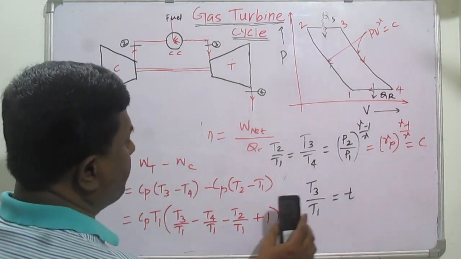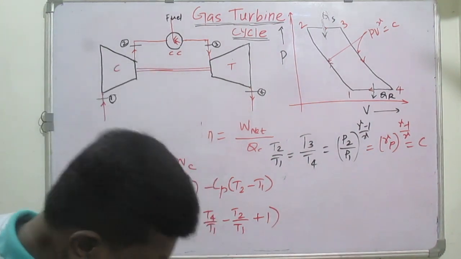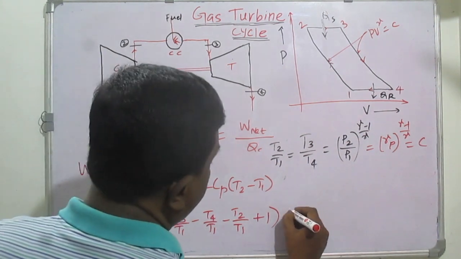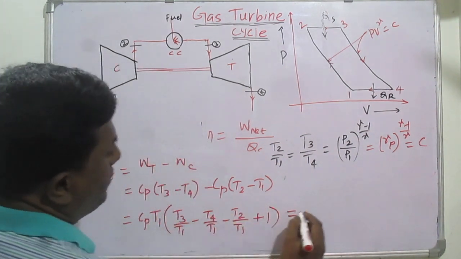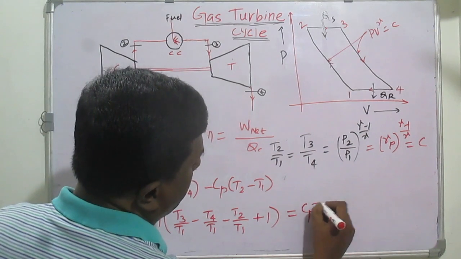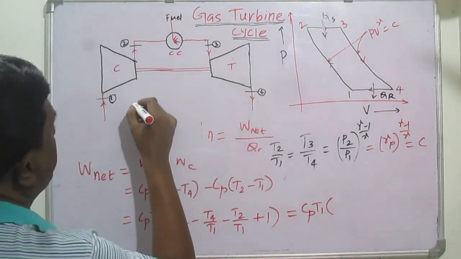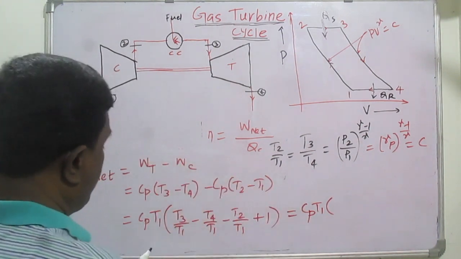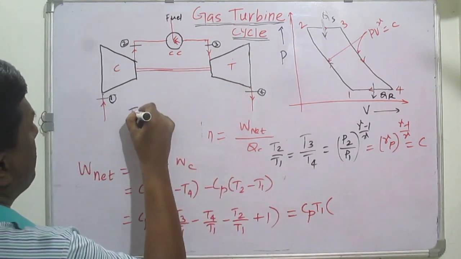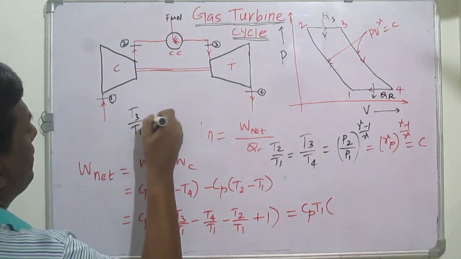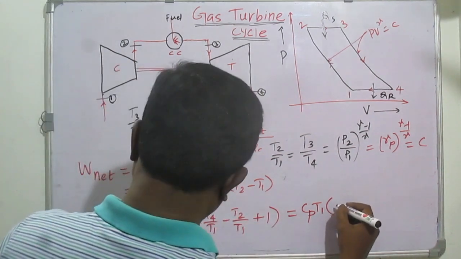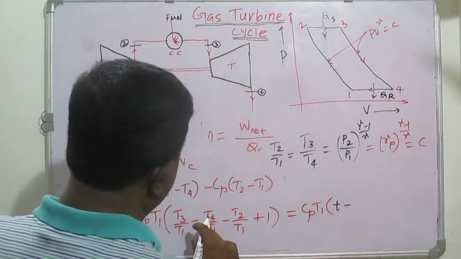So this is equal to Cp into T1 into T3 by T1, which is T because we have taken T3 by T1 as T, minus T4 by T1.